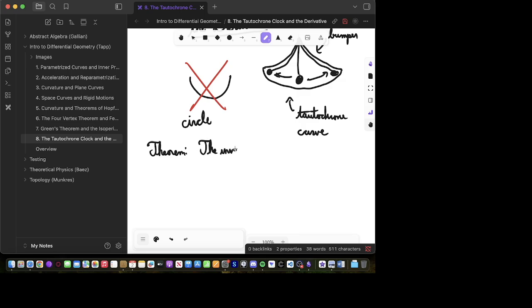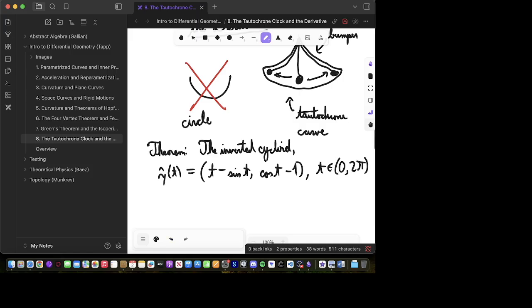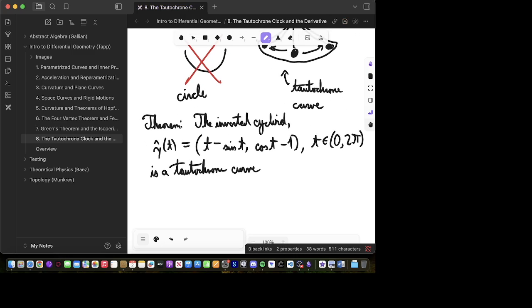The inverted cycloid, which is described by this parametric curve, t minus sine t, cosine t minus 1, for t from 0 to 2 pi, is a Tautochrone curve.